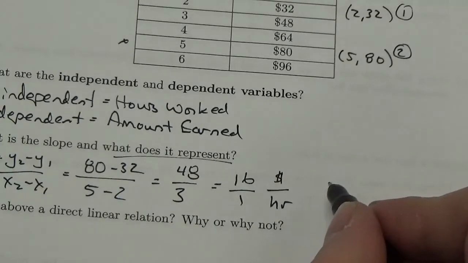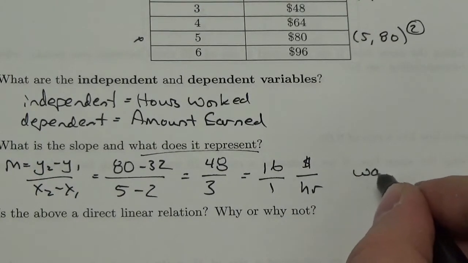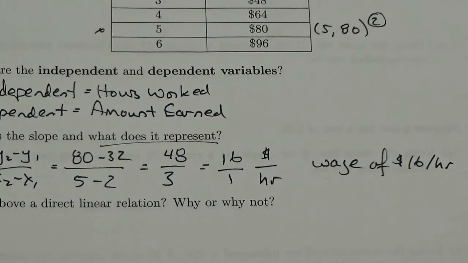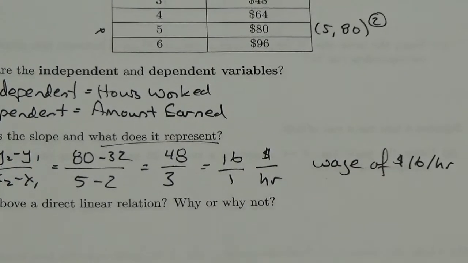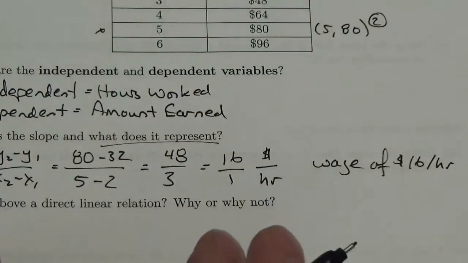This is this person's wage. It's a wage of $16 per hour. That's what that represents. That's what I'm asking for. Please, when I ask what the slope represents, don't tell me rise over run. I know that. I'm asking in the context, what information is that providing?